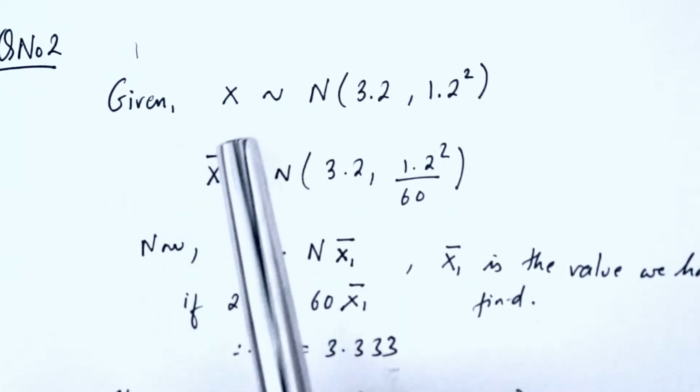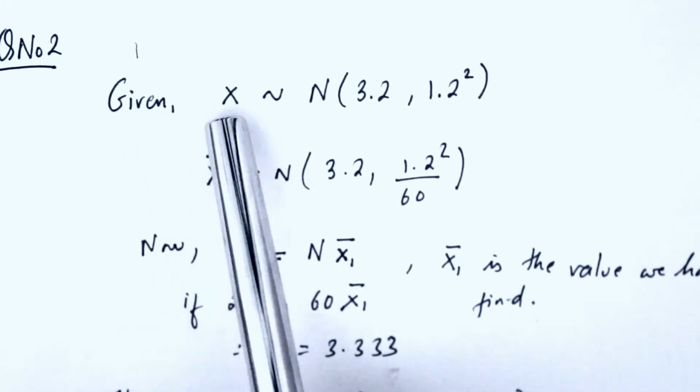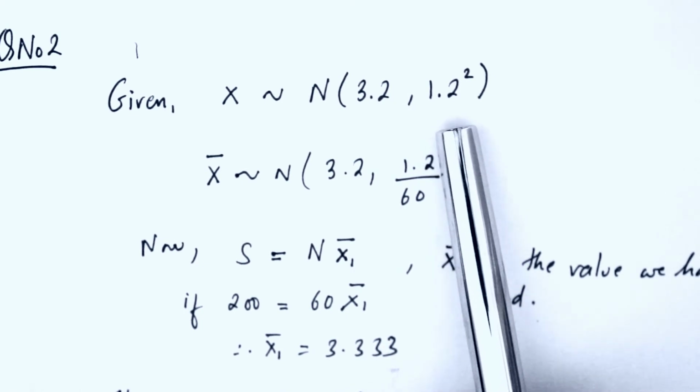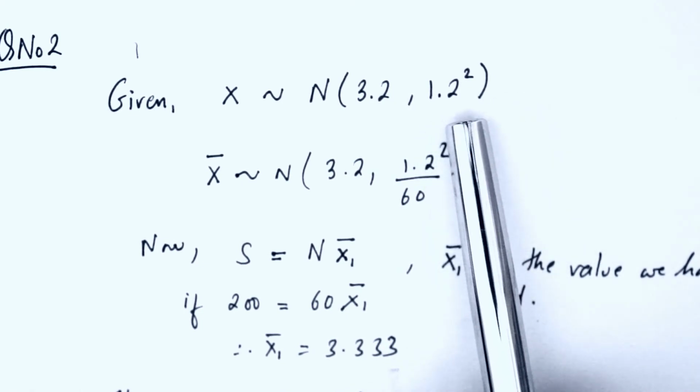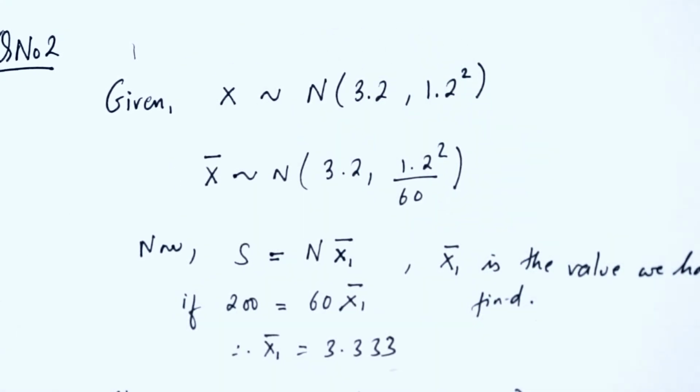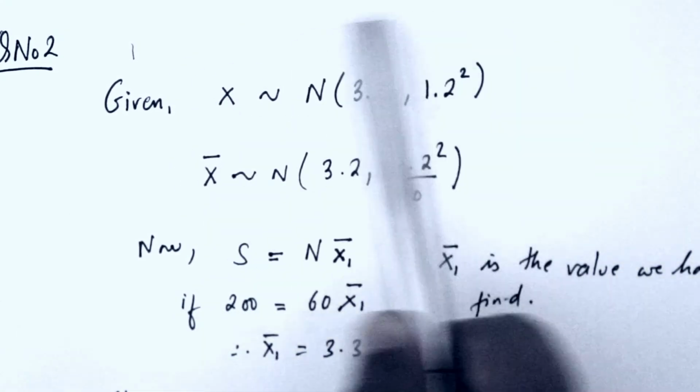Okay, as you can see, it's given that x has a normal distribution with 3.2 as the mean and 1.2 squared as the variance. You could write it in this form here. Now this is a given thing, right?